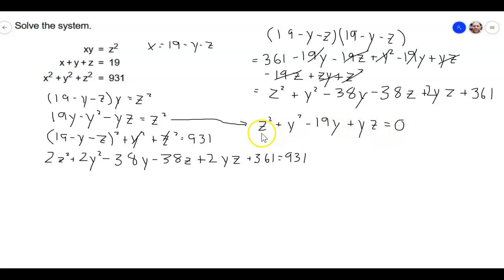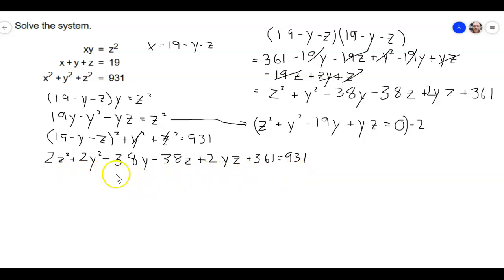The next thing I'm going to do is take this equation and multiply it by a negative 2. So multiply this whole equation, everything, by a negative 2, which I can, which we've been doing. And then I'm going to add it to this equation here.